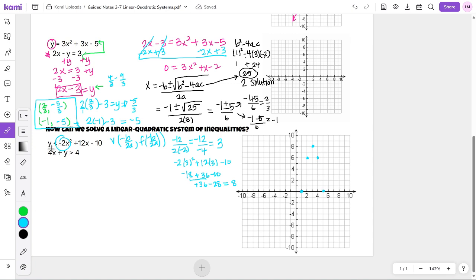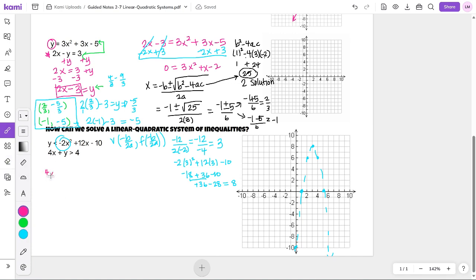Since the inequality does not have an equal sign underneath it, we will use a dashed boundary line. And I know this hits the y-axis at 10, so I can dash it down there. And then that would be over here at 10, so there's my parabola.